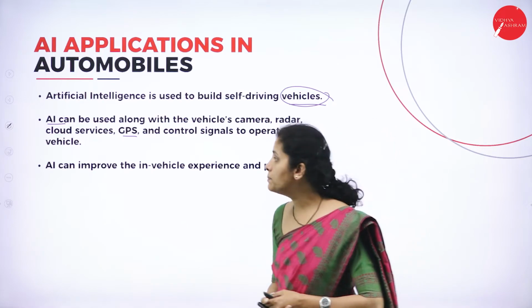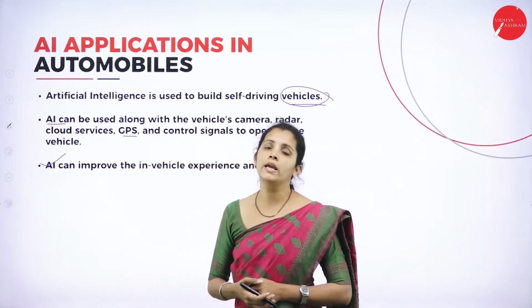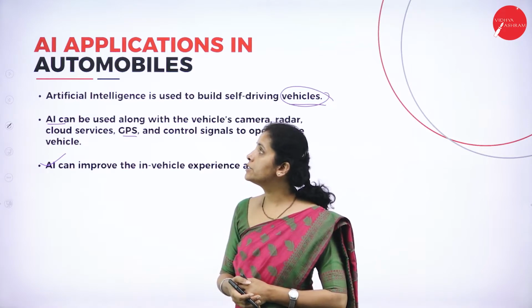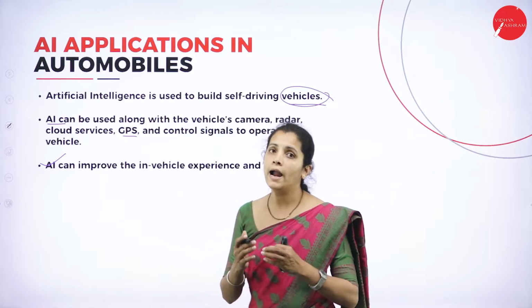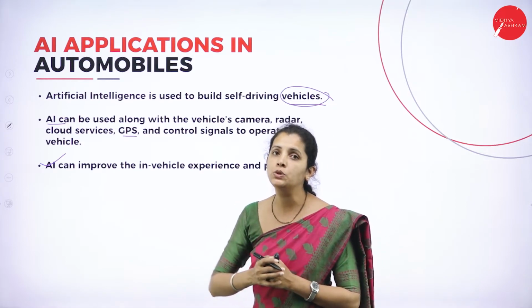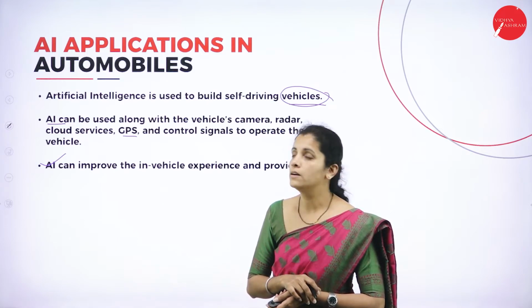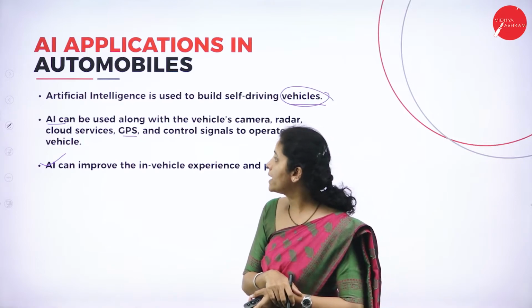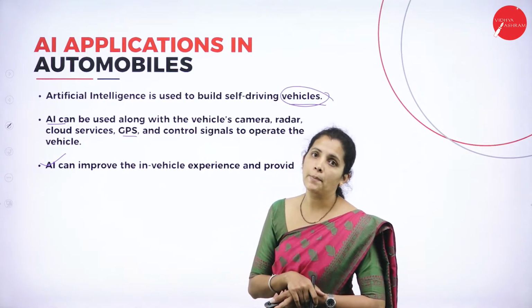So dear student, by using AI, we can improve the vehicle. These are some of the applications of AI in the field of automobiles. AI is mainly used to build self-driving vehicles. Along with that, it's also responsible for providing GPS control signals as well as vehicle camera.